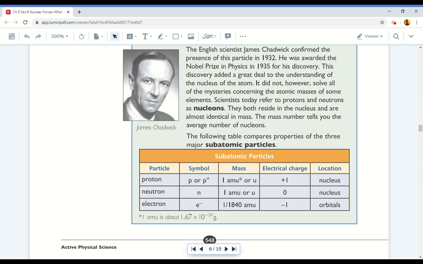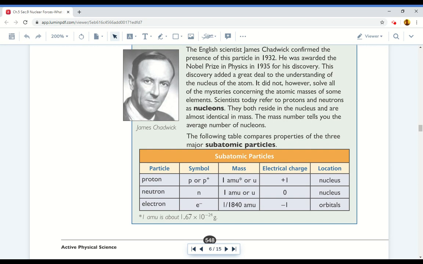This discovery added a great deal to the understanding of the nucleus of the atom. It did not, however, solve all the mysteries concerning the atomic masses of some elements. Scientists today refer to protons and neutrons as nucleons. They both reside in the nucleus and are almost identical in mass.